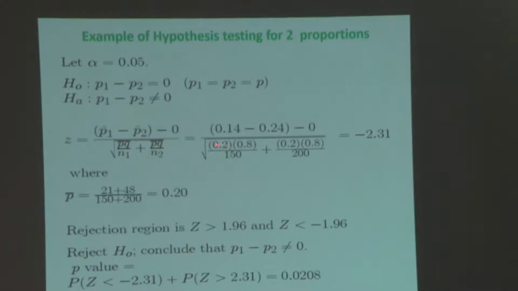And remember how we get P bar: P1 plus P2 divided by 2, or X1 plus X2 over N1 plus N2. Once we do all this manipulation, we end up with minus 2.31. I now want to turn to the board to see how we deal with that value of the observed Z.